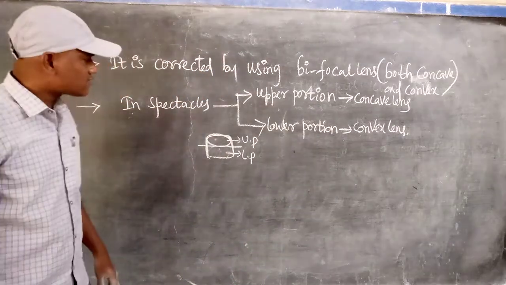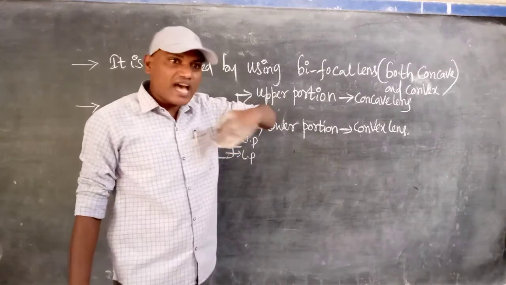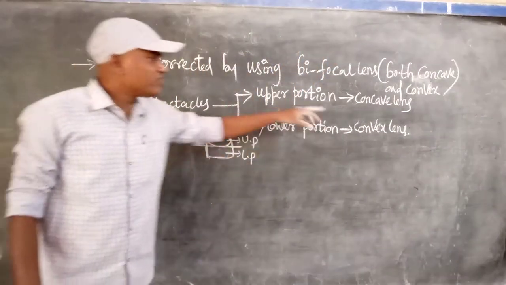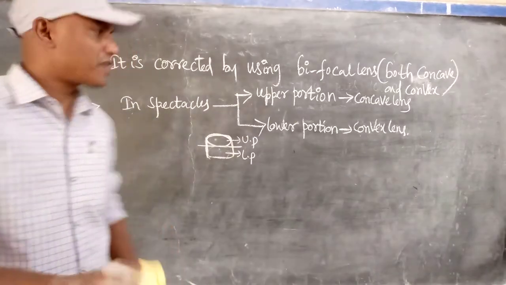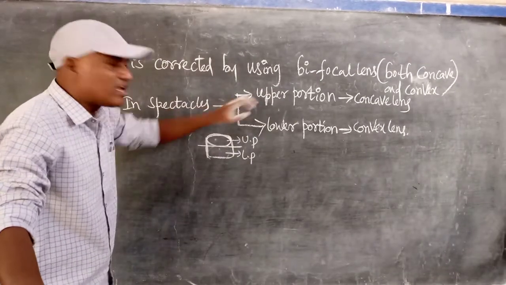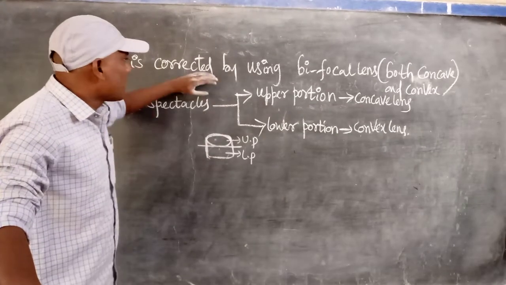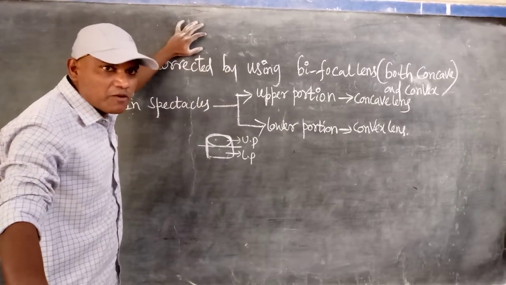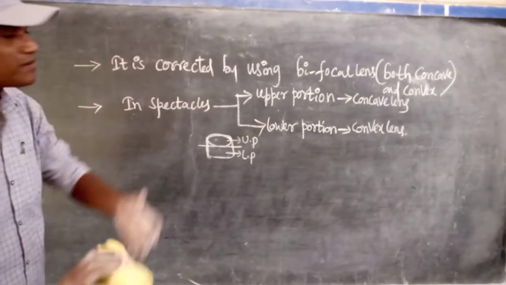Convex lens. With the help of the concave lens, we can see far objects. With the help of the convex lens, we can see near objects. By providing these two lenses at a time in the spectacles, a person suffering from presbyopia is able to see far and near objects at a time.